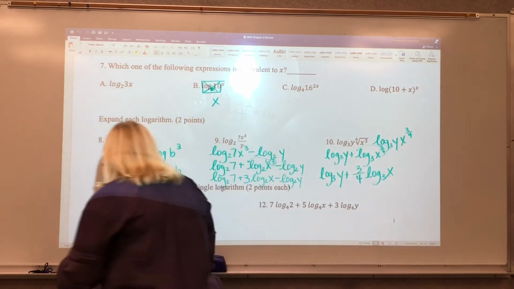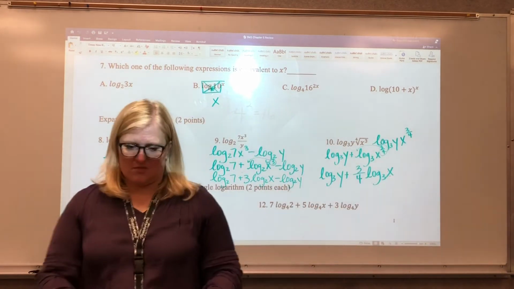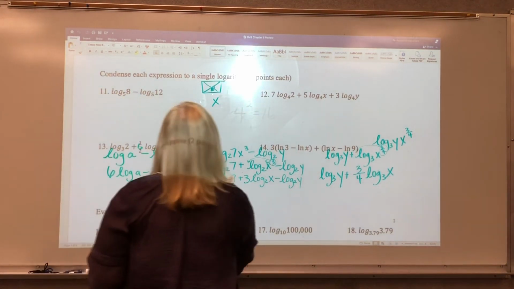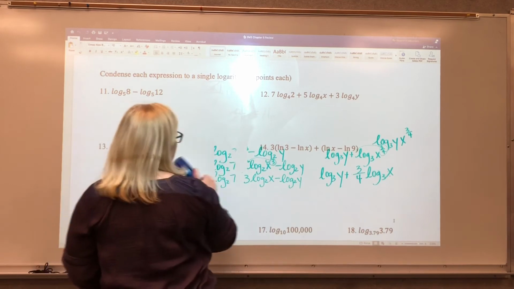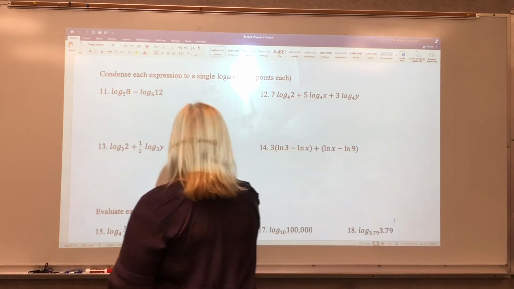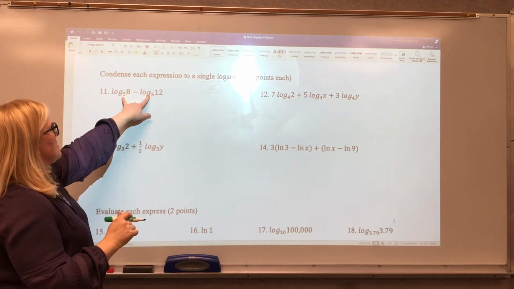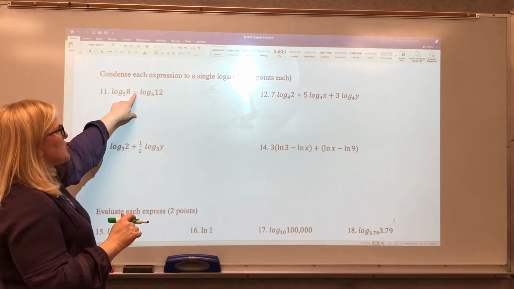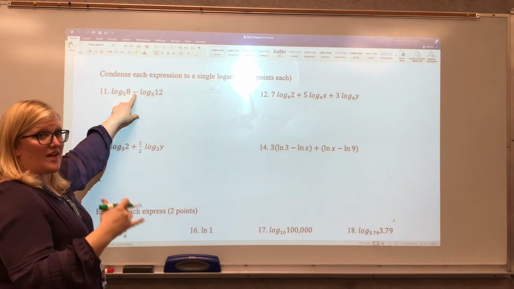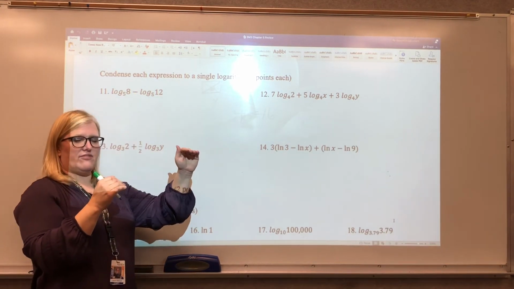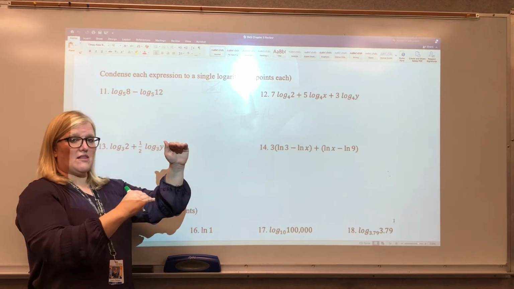All right, let's see, okay, good, I've got some time. All right, so now condensing at the same base, and it's a subtraction problem, so that means I'm going to divide. And it's not log 5 of 8 divided by log 5 of 12.